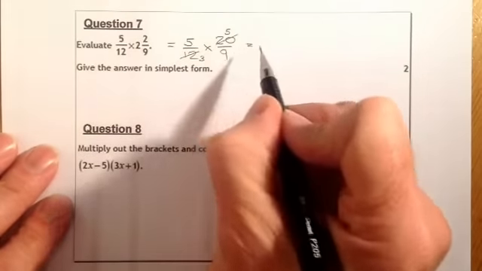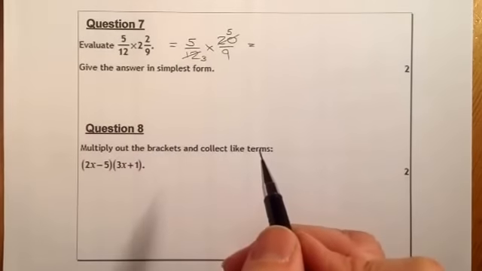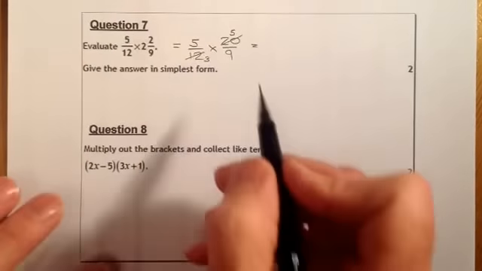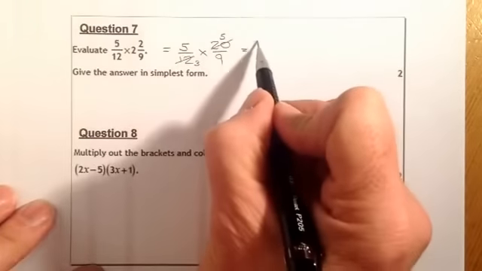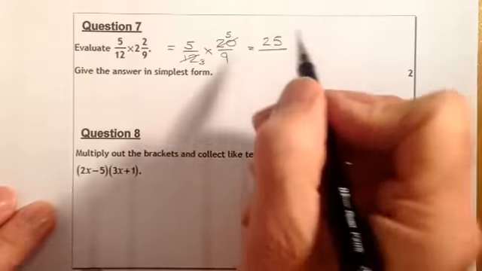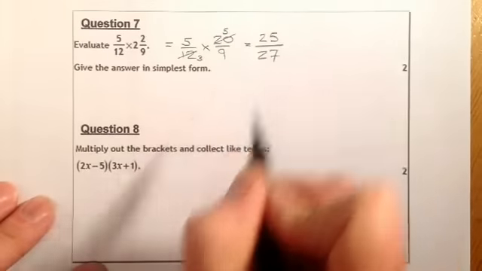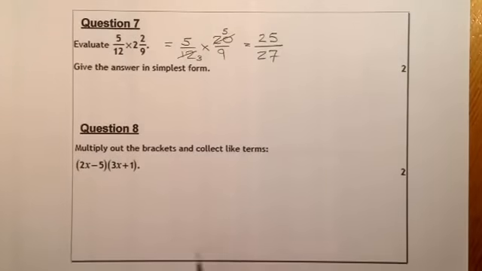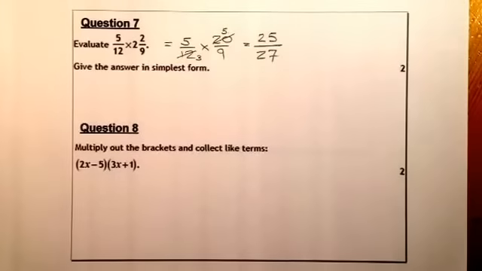So now my numbers are a bit simpler to work with, so I don't need to do any larger multiplication out. So I've got 5 times 5 will give me 25 on the top. On the bottom it's 3 times 9, which will just give me 27. So 25 over 27, can't simplify that down, that's my final mark.